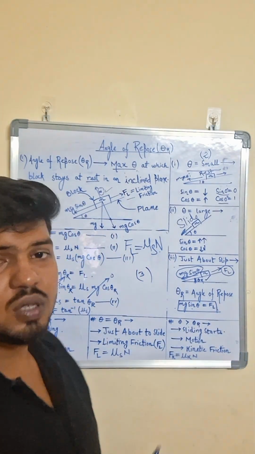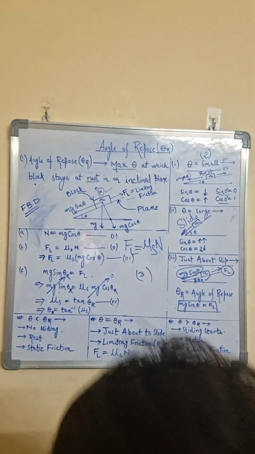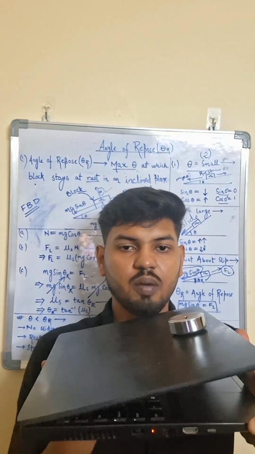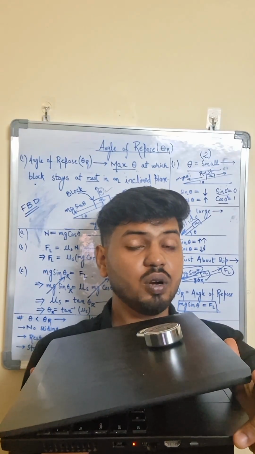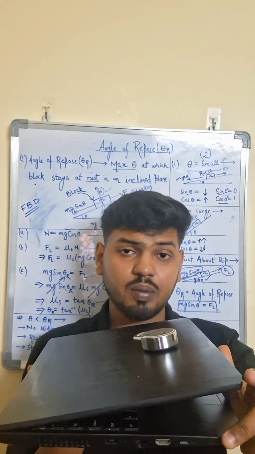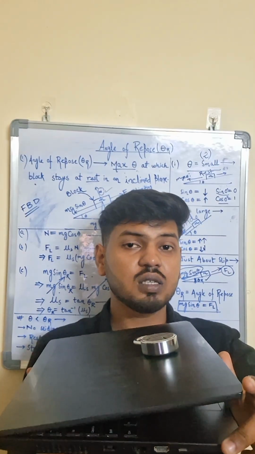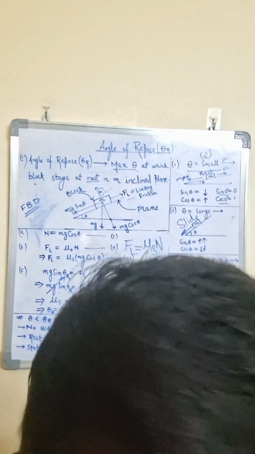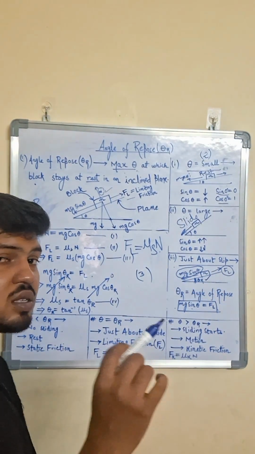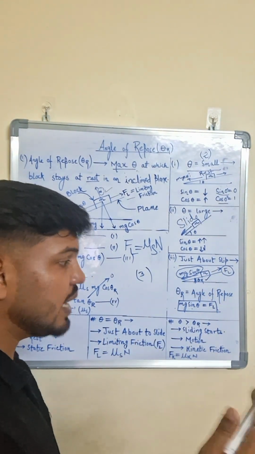What is just about to slip? When theta is very large, the point just before the block starts to slide is known as the just about to slip condition. Here the block stays at rest and it is just about to slide.